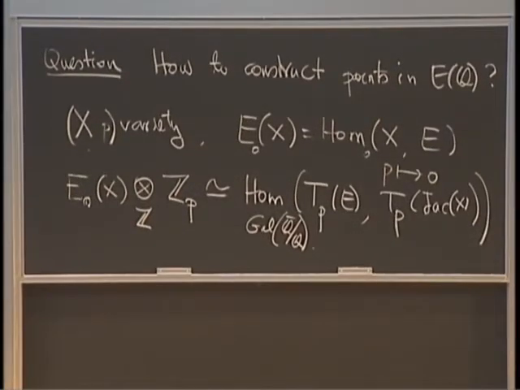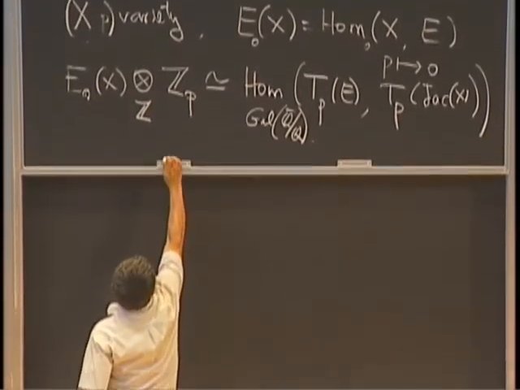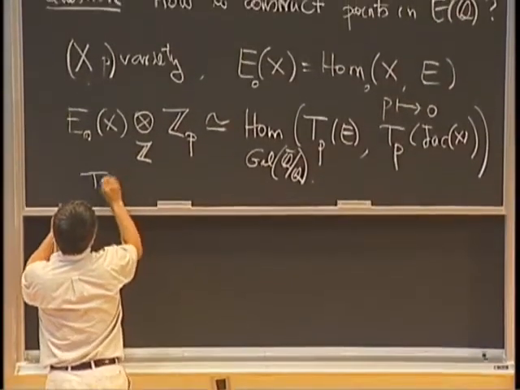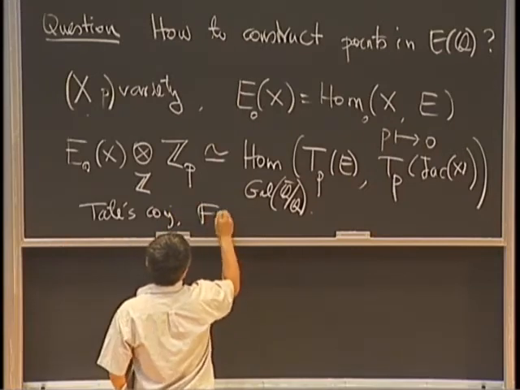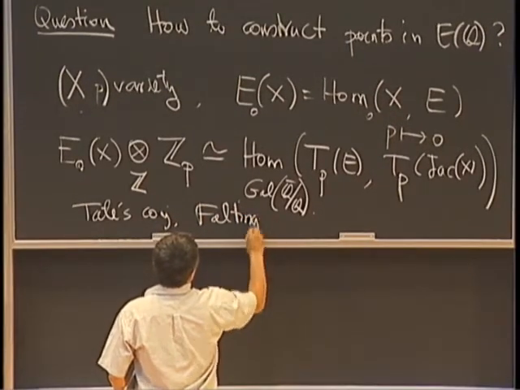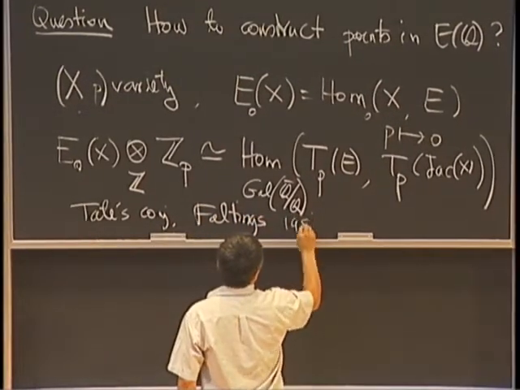This is why Galois representations are very important in arithmetic geometry. This is the Tate conjecture, proved by Faltings in 1983.